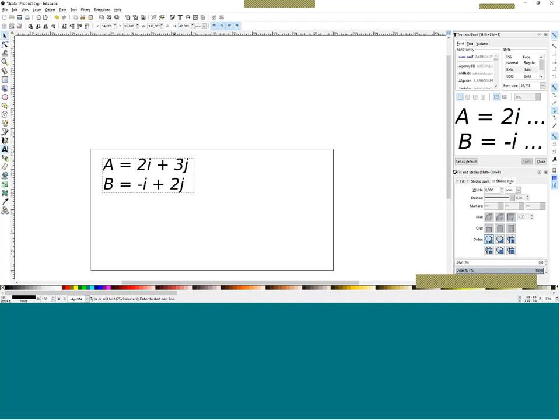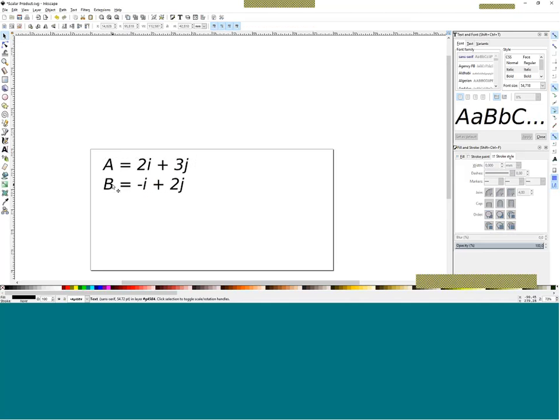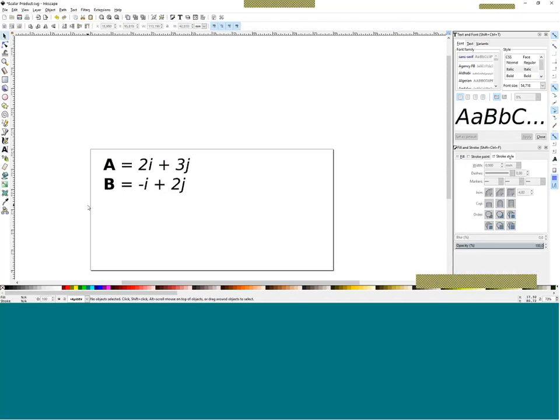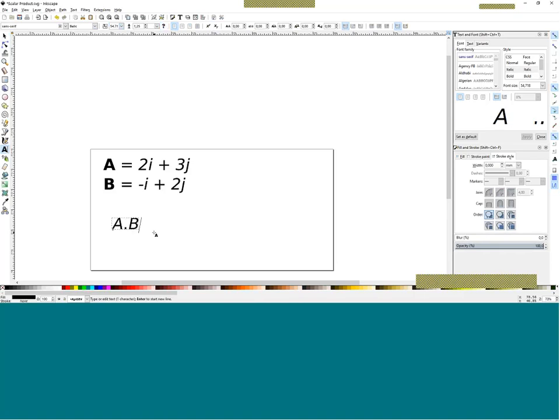I just want you to find the scalar product. I don't want to solve this myself, so I'll give you guys time to solve it. Maybe I'll solve it immediately as well. I won't wait for you.